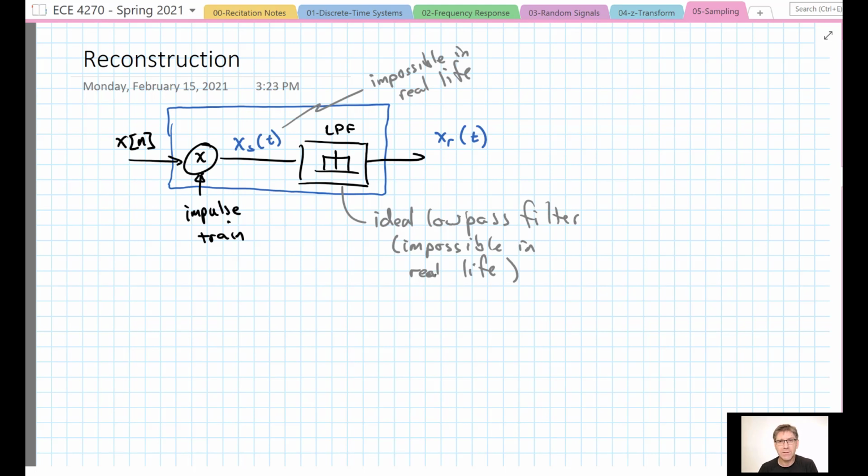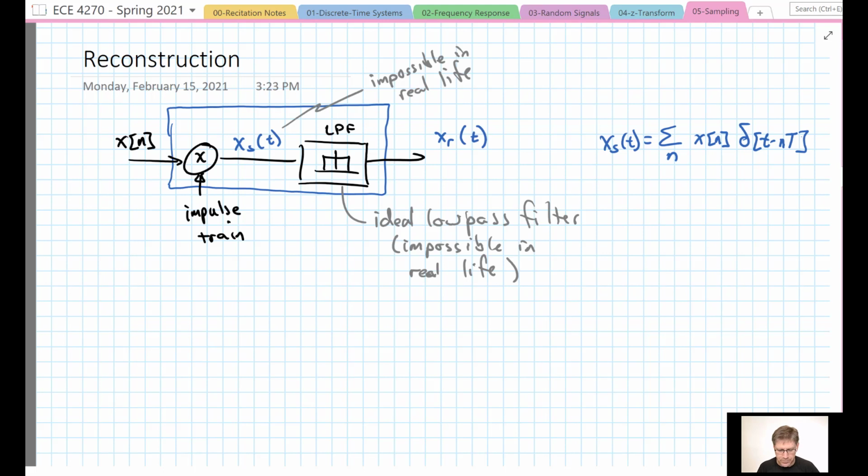But even so, the framework can be useful. It's the same way here. Sure, we can't do XS in real life. Sure, we don't have ideal low-pass filters, but at least we know what our goal is, and now we can try to approximate that as best we can.